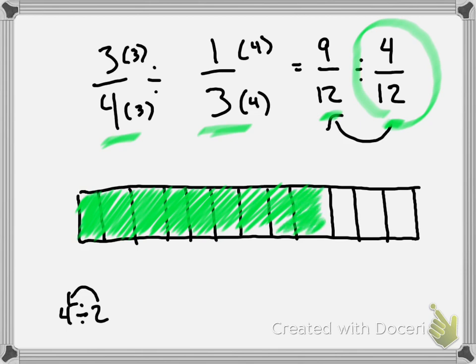Alright, there's my 9/12. And so I can see the different regions really well, I'm going to go back over that real quick. And again, what I want to do is figure out how many times 4/12 will fit into 9/12.